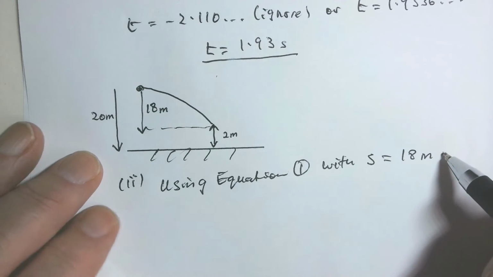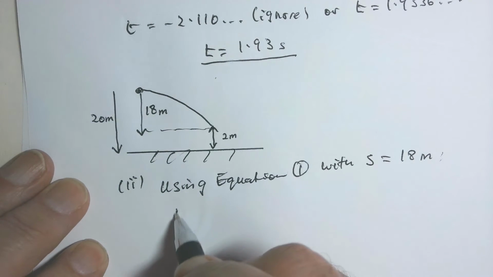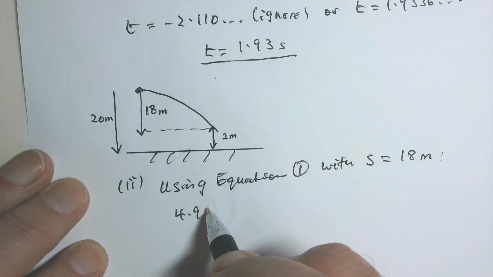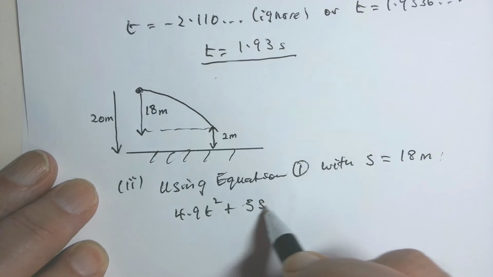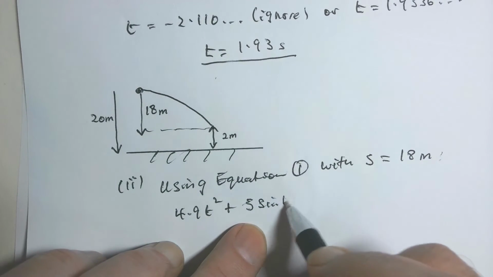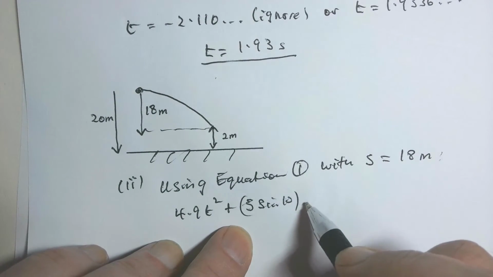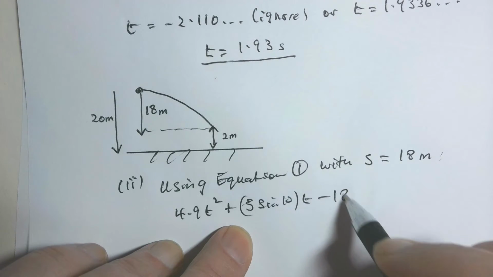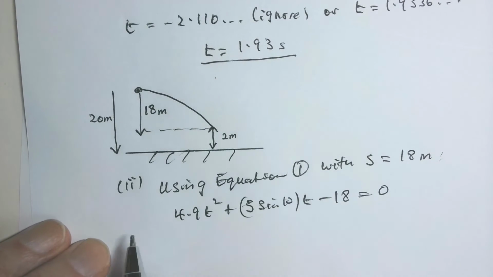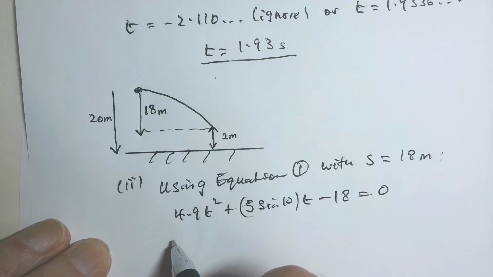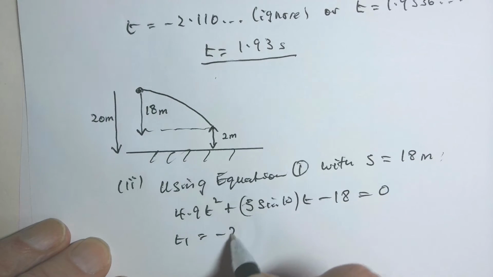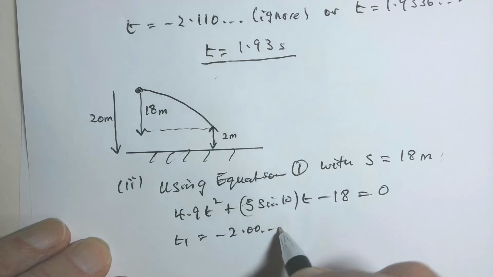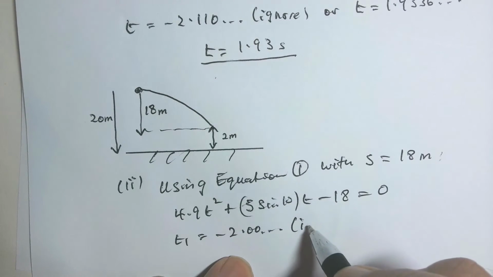we're going to get 4.9 t squared plus 5 sine 10 t minus 18 equals 0. Now when you solve this, you're going to get two values, and this leads to t1, which is negative, and we can ignore it, so it's minus 2.00. So we're going to ignore that.